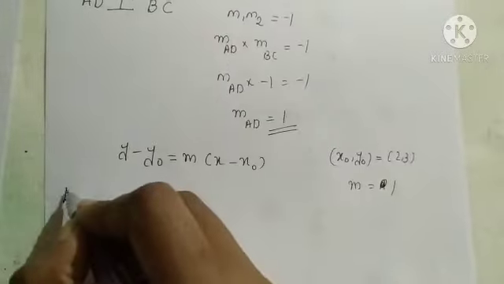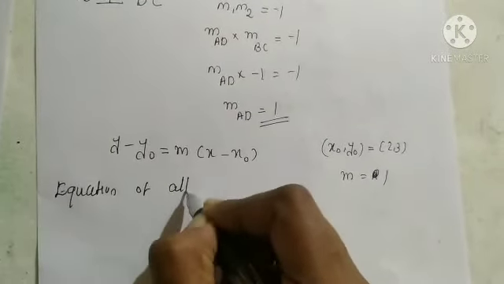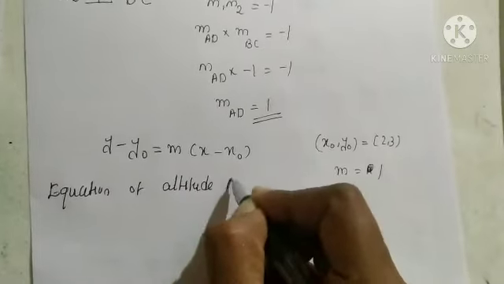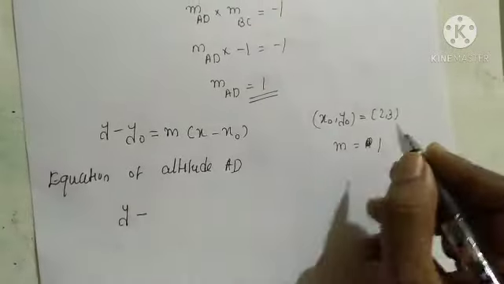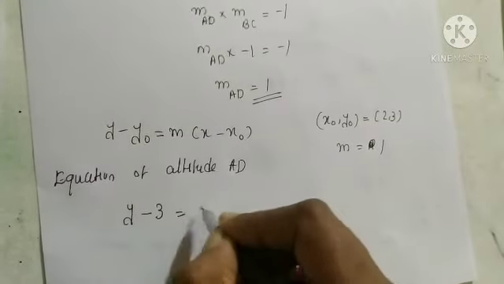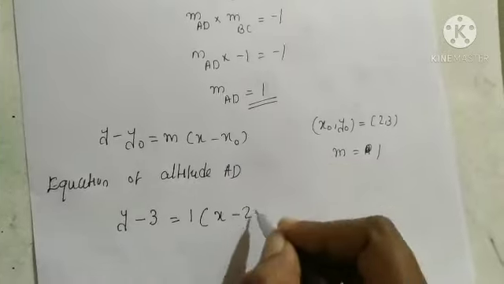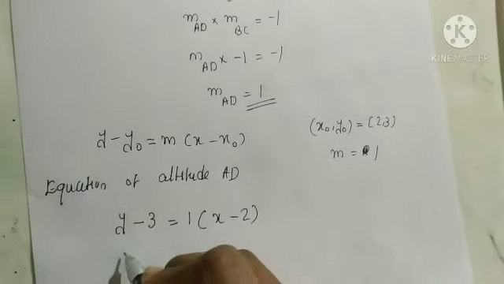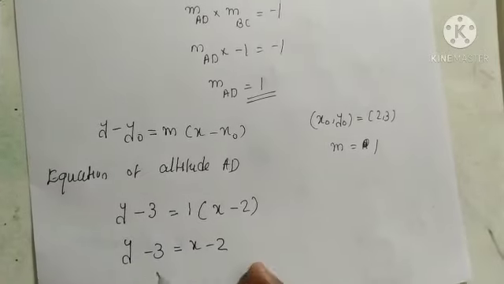So the equation of altitude AD will be y minus 3 equal to 1 into (x minus 2). From this we get y minus 3 equal to x minus 2.